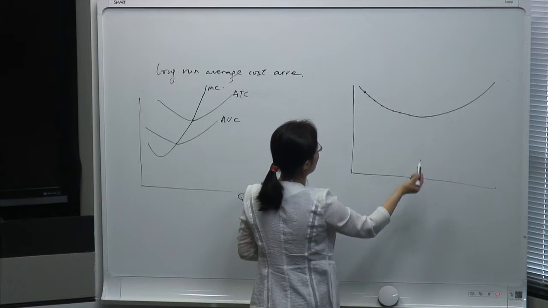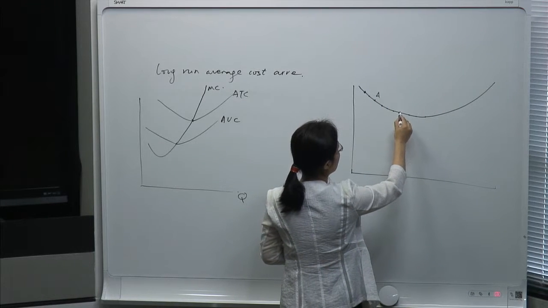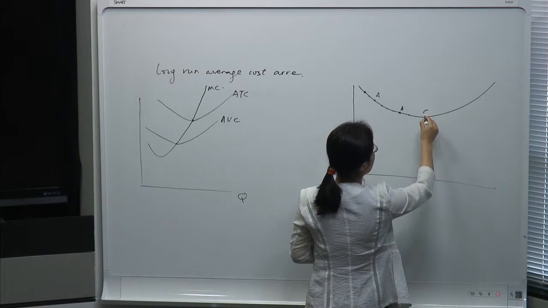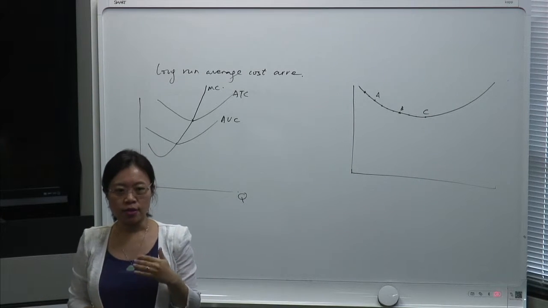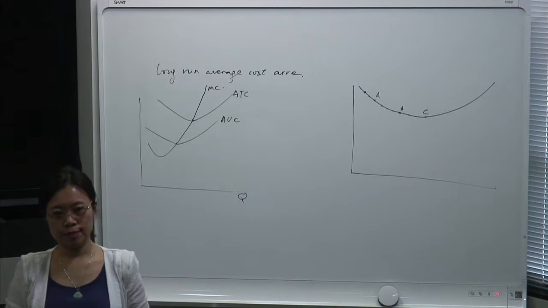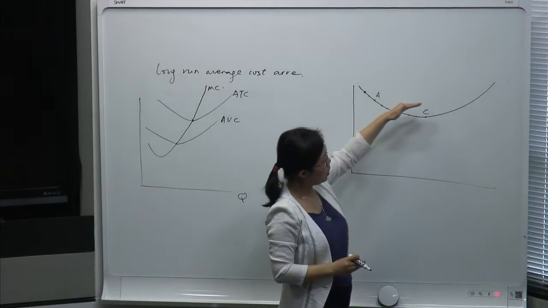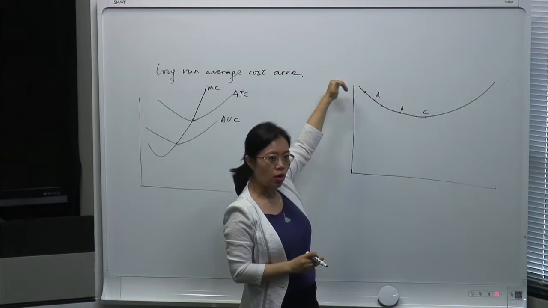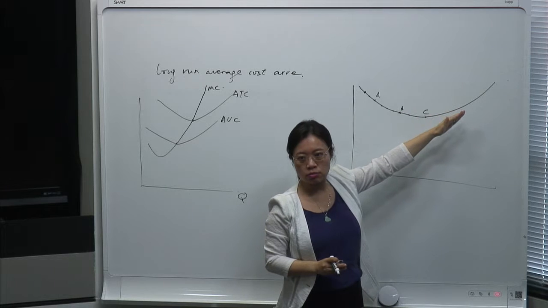Okay, I'm going to pick several points. This is point A, this is point B, and this is point C. So A, B, C here represent different scales of the business, right? As we move to the right, the scale increases.